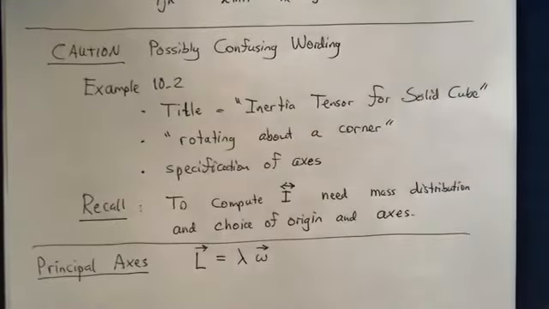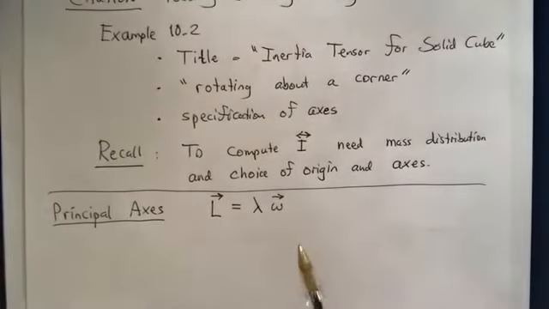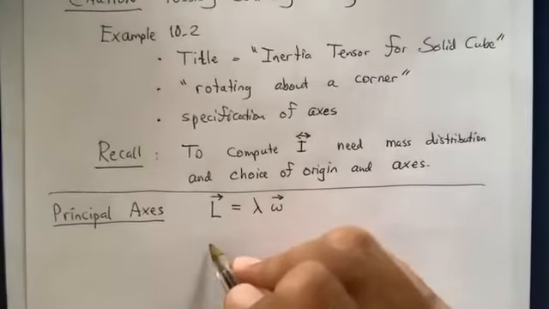But what we're saying here is there are certain special directions. If you rotate this object about that special axis, then the angular momentum is parallel to the angular velocity vector, and again, that angular velocity vector defines the axis of rotation. Okay, so how can we calculate the principal axes? Well, we take those two formulas and we put them together.